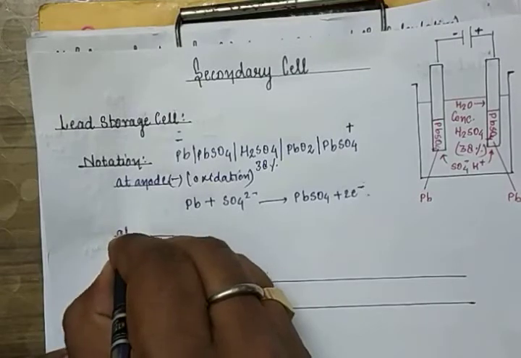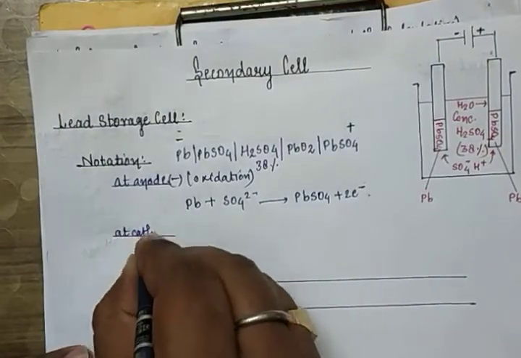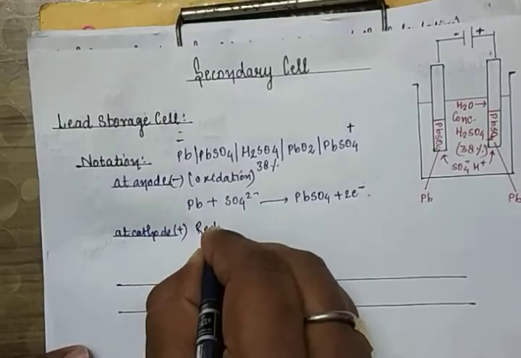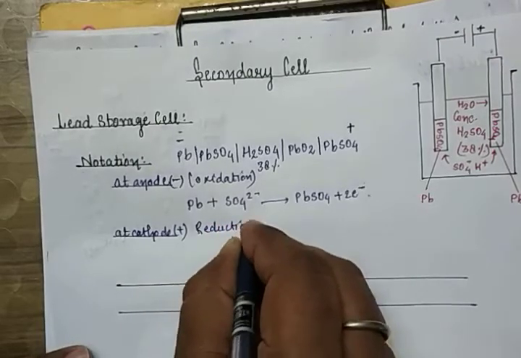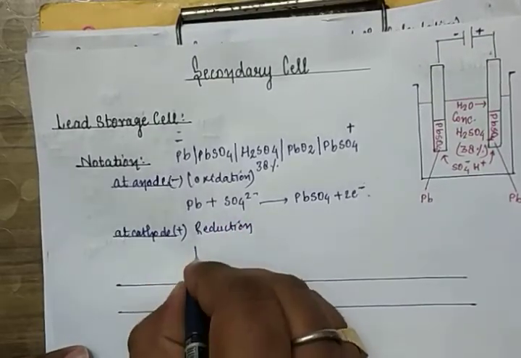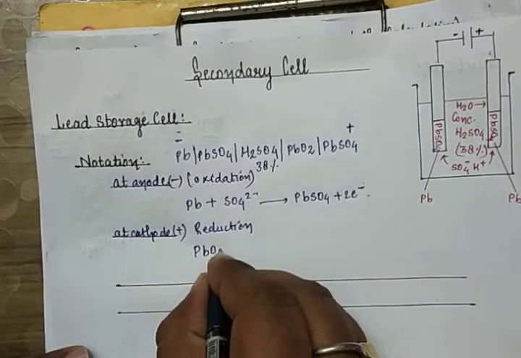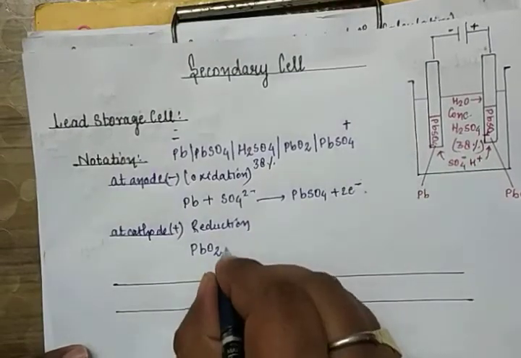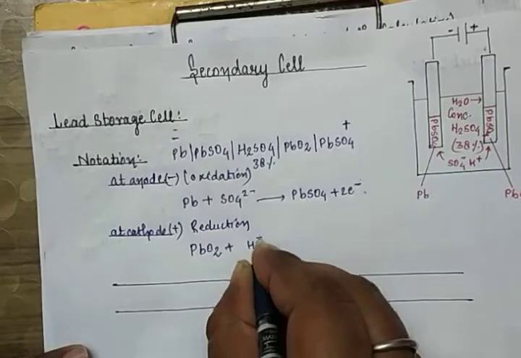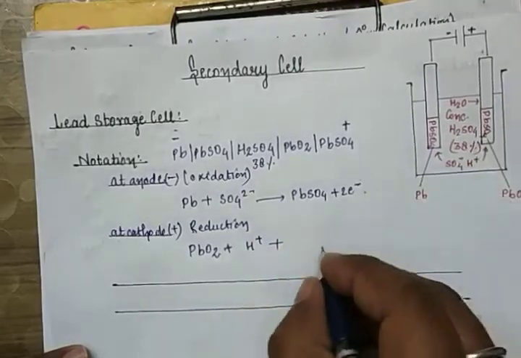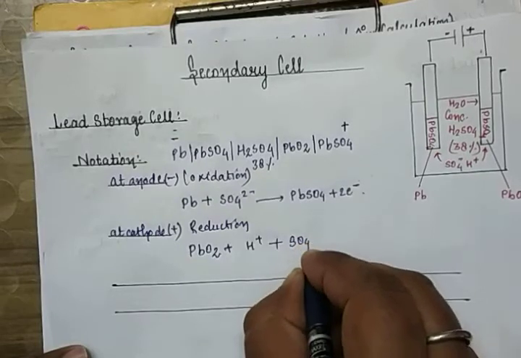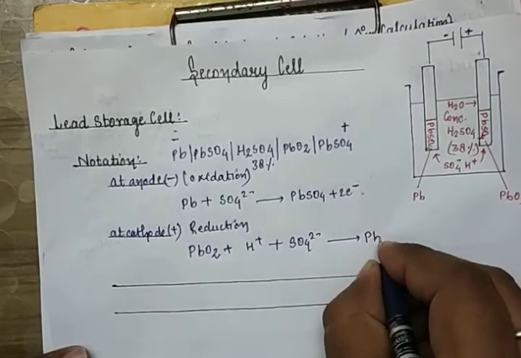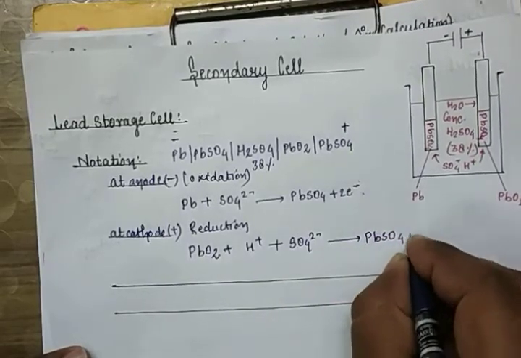Now at the cathode, in a galvanic cell the cathode is always positively charged, so reduction occurs. Here is PbO2. This PbO2 reacts with H plus as well as SO4 2 minus, because it also forms PbSO4. It is converted into PbSO4, and the other product is 2H2O.